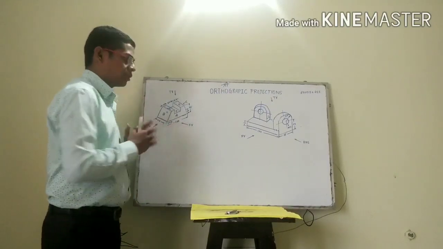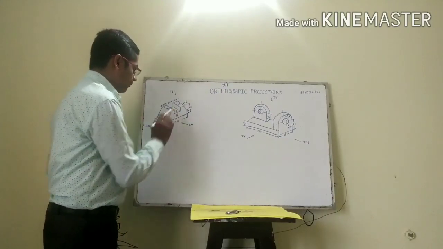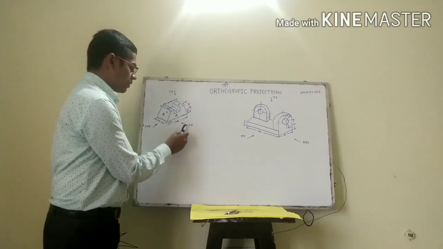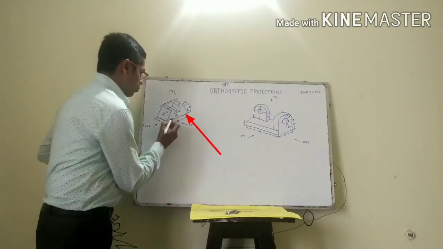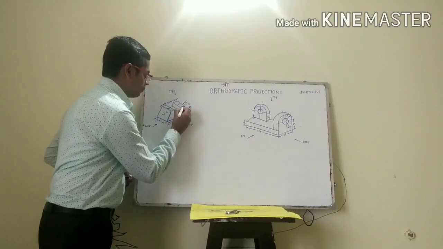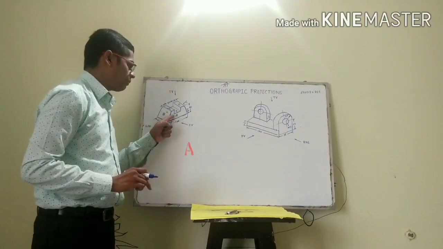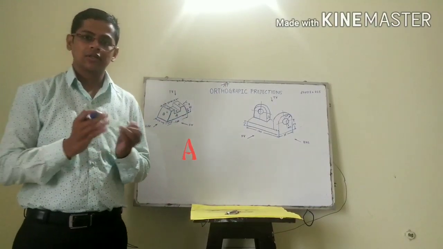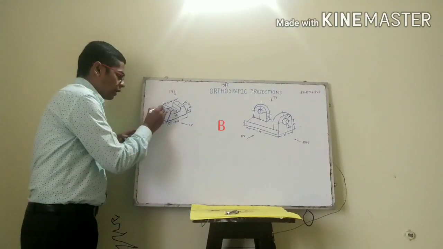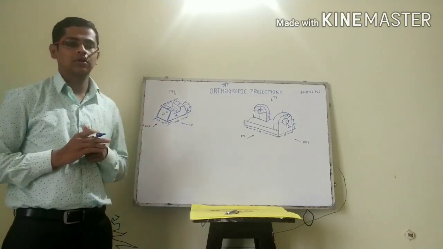So I will consider this problem first and I will try to solve this. Please pay concentration here. If you see from the front side, this is my front side, this face is visible, and I have given the name as A. Similarly, if you see from the left side view, this face, B, is visible to you.